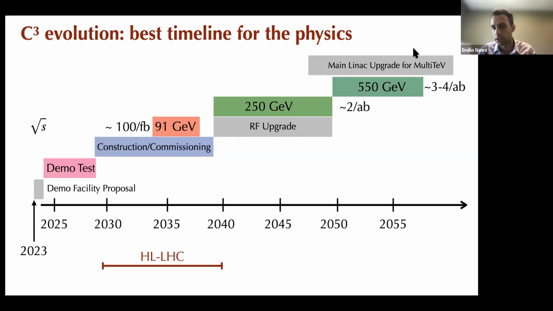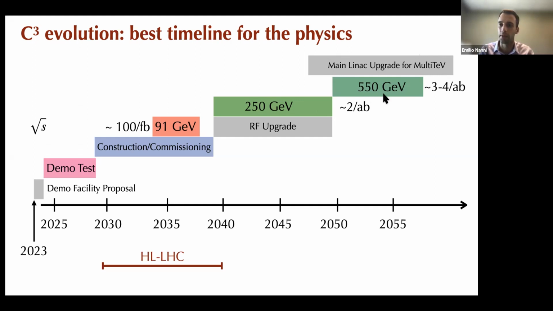That's a great question. What you could certainly adjust immediately would be getting up to an energy between 500 and 600 GeV. The main LINAC that you're constructing is capable of this energy.